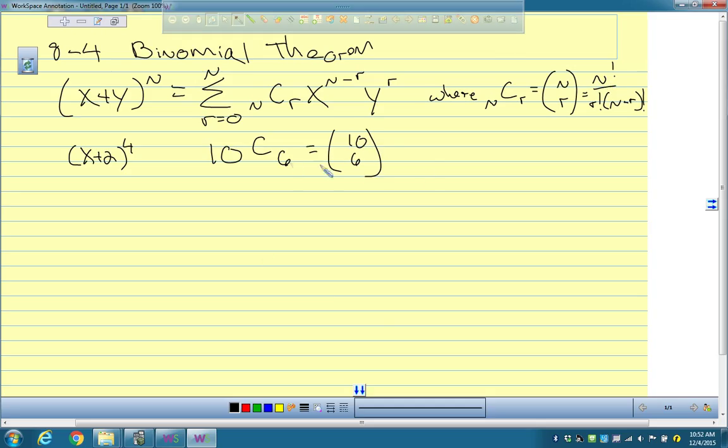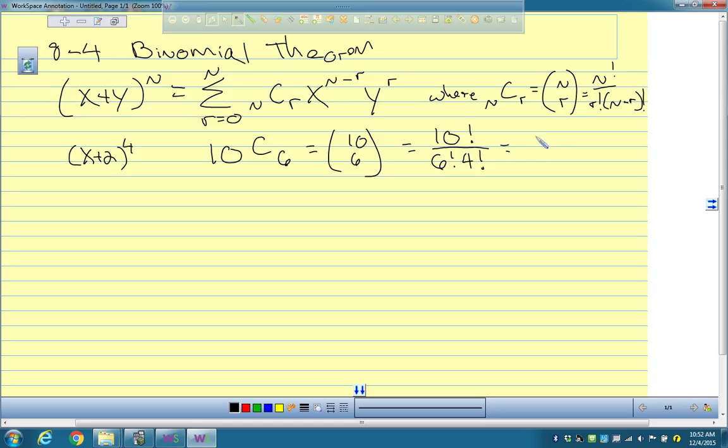By this formula, it's equal to 10 factorial over 6 factorial times (n − r) factorial, which is 4 factorial.